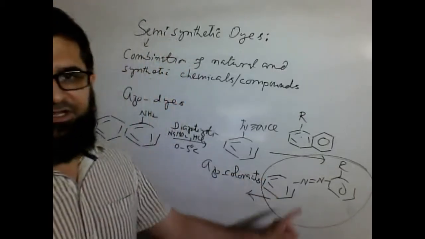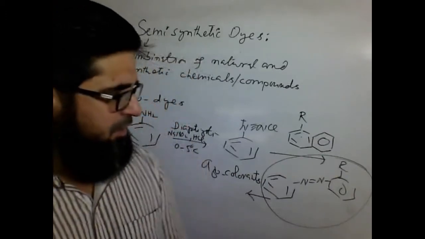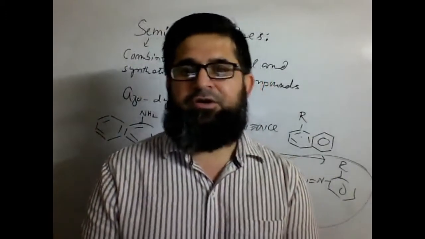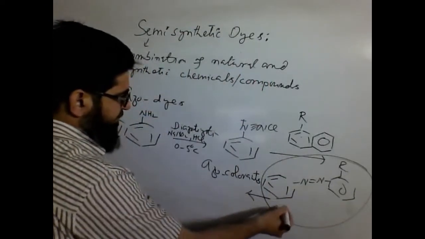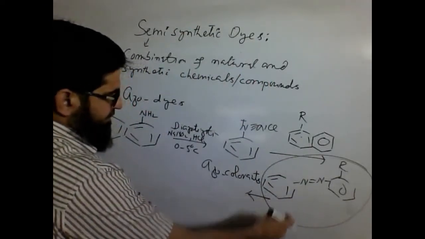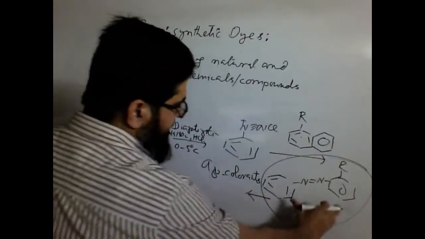colorants, because at the moment this body is an organic entity. It's not a salt yet. Then you can generate some sort of a salt from the compound. How could you do that?